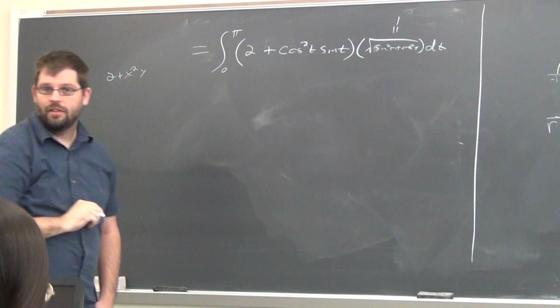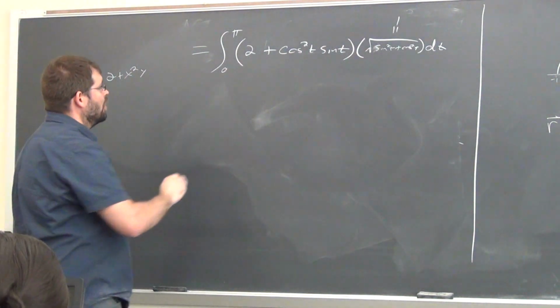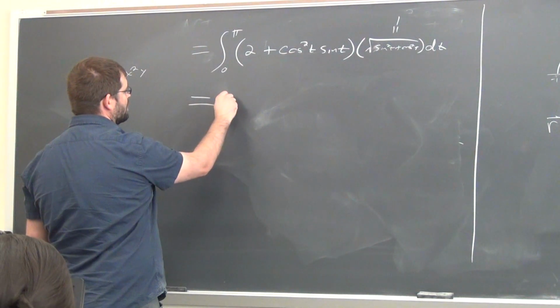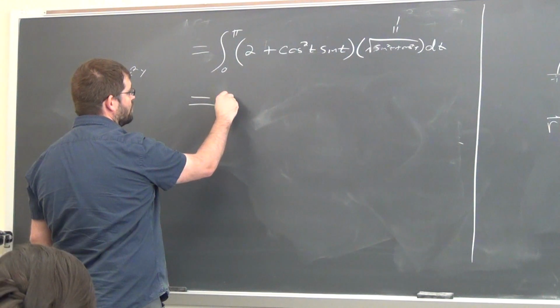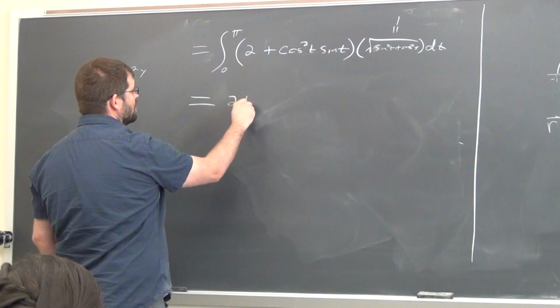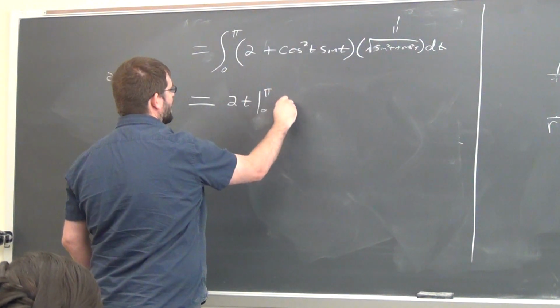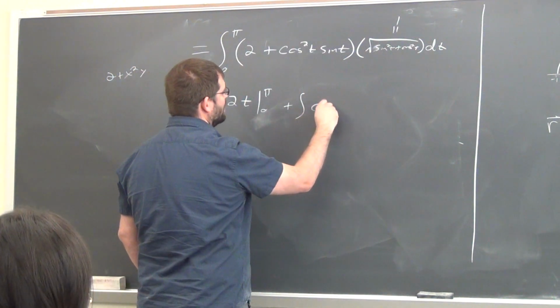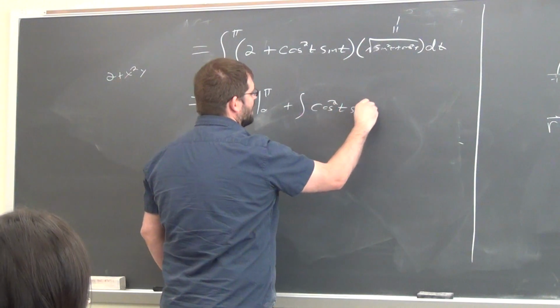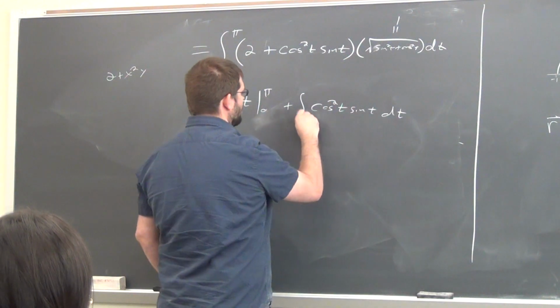That's all just 1. And so go ahead and integrate. What do you get here? 2t from 0 to pi. And let's just take our time. Cosine squared of t sine of t dt.